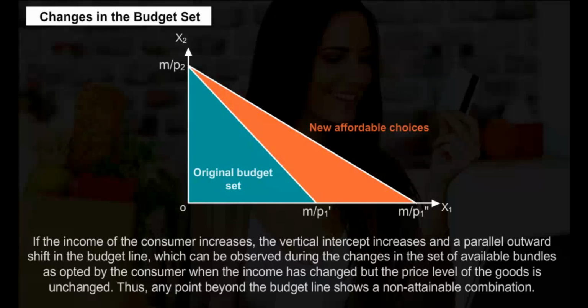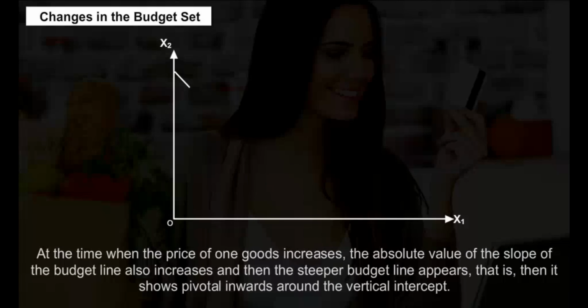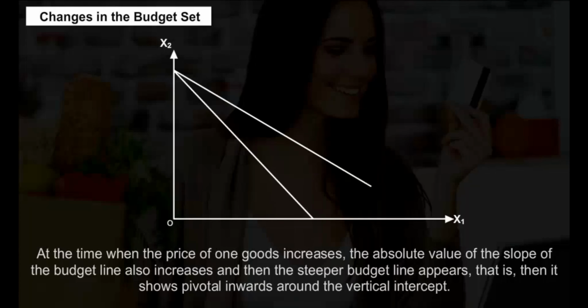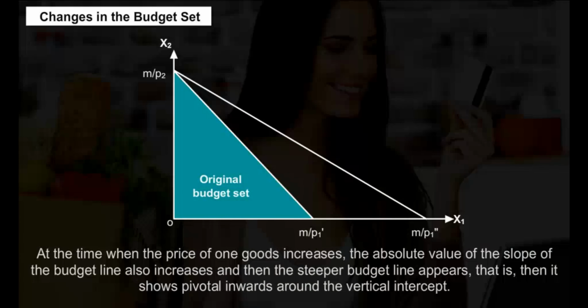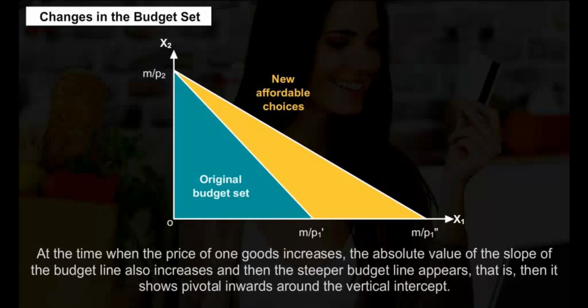Thus, any point beyond the budget line shows a non-attainable combination. When the price of one good increases, the absolute value of the slope of the budget line also increases, and a steeper budget line appears. That is, it pivots inward around the vertical intercept.